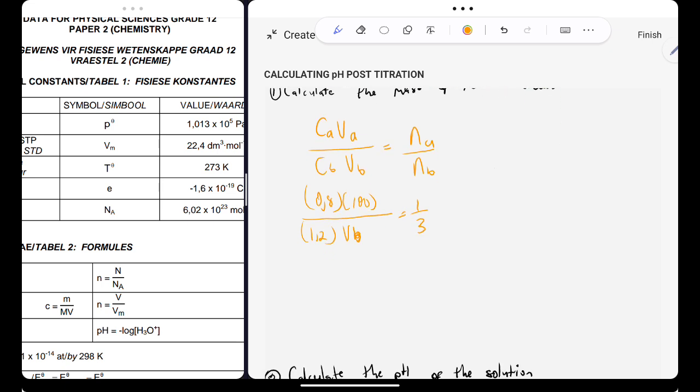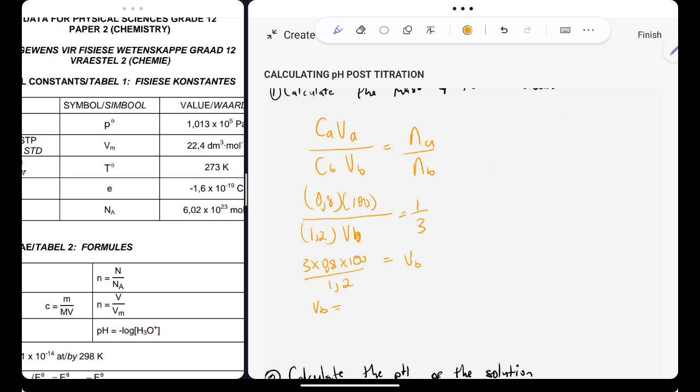The ratio is 1/3. I can cross multiply. I'll simply have 3 multiplied by 0.8 multiplied by 100 is equal to 1.2 times volume. I can simply divide by 1.2 to find the volume of my base.